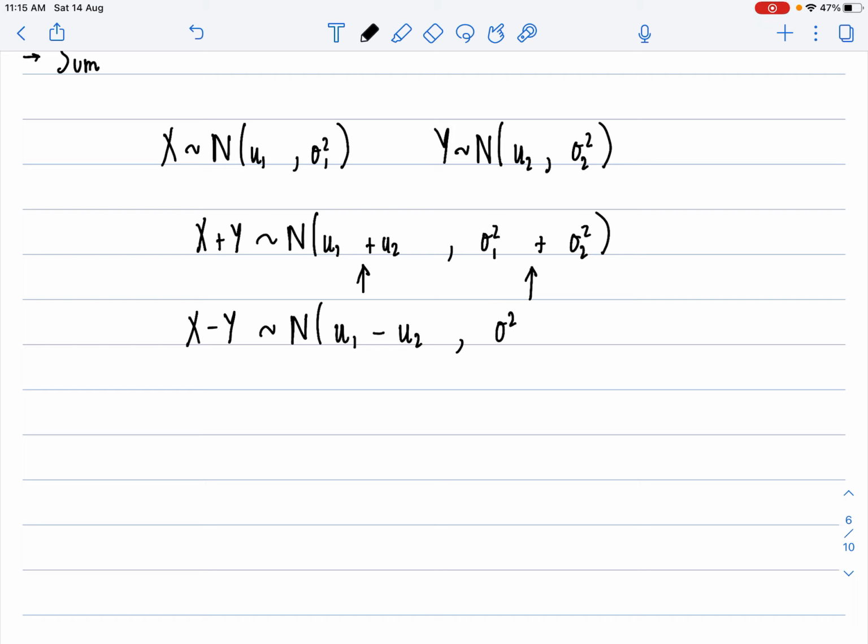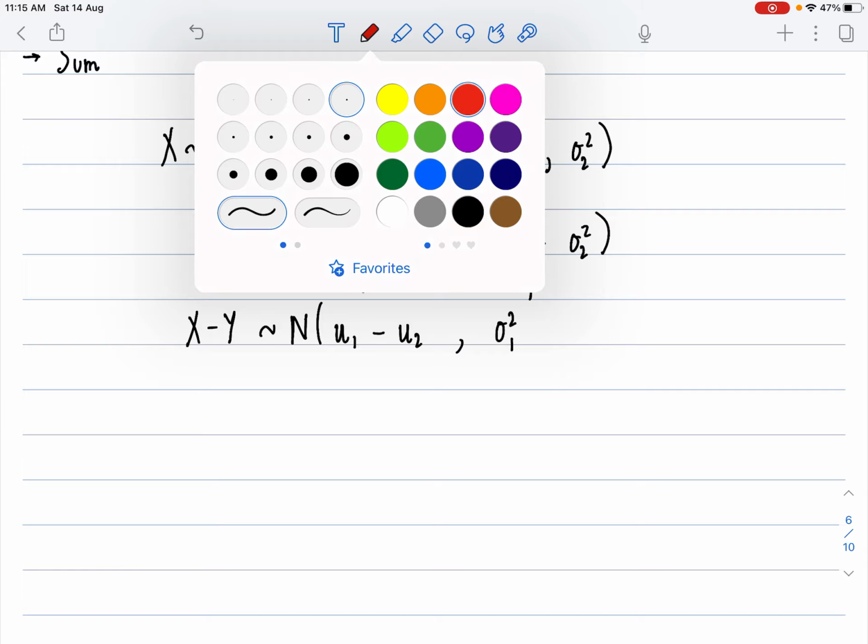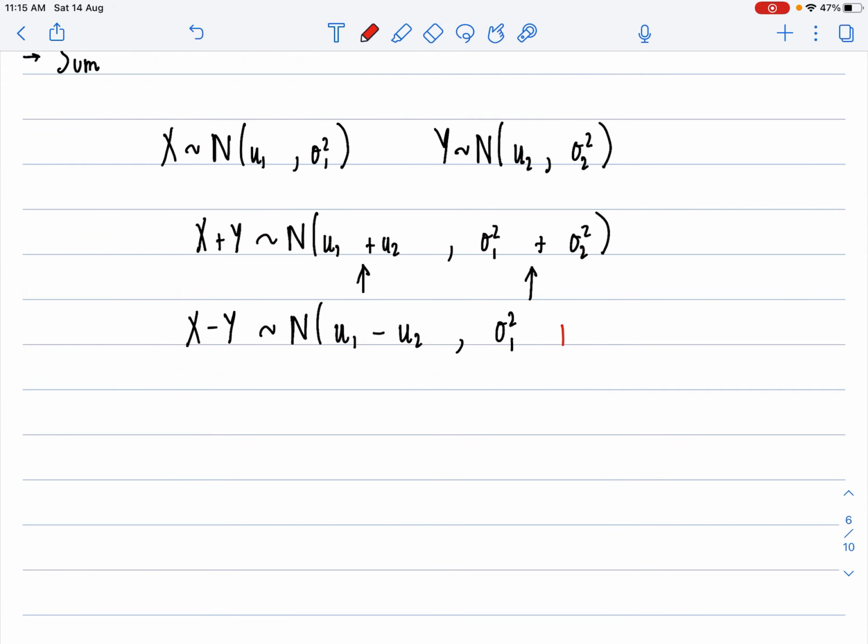This will be variance 1, but the sign in the middle will remain positive, and then variance 2. The sign is positive because variance can never be negative. This is an important property of variance which you need to know. So these are the distributions.